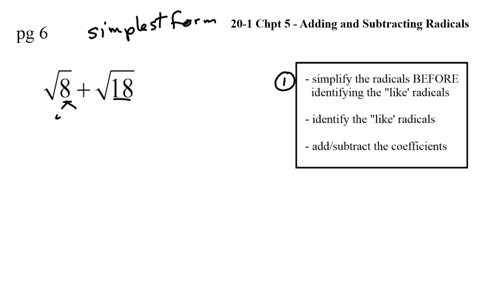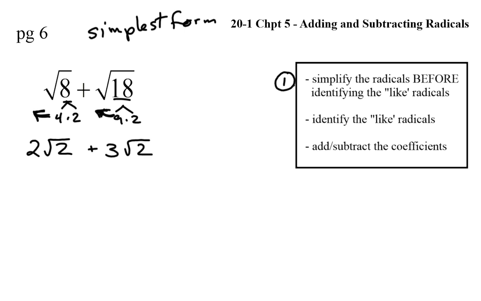So 8 is 4 times 2, root out the 4. 18 is 9 times 2, root out the 9. We're left with 2 root 2 because the 4 gets rooted out, plus 3 root 2 because the 9 gets rooted out.